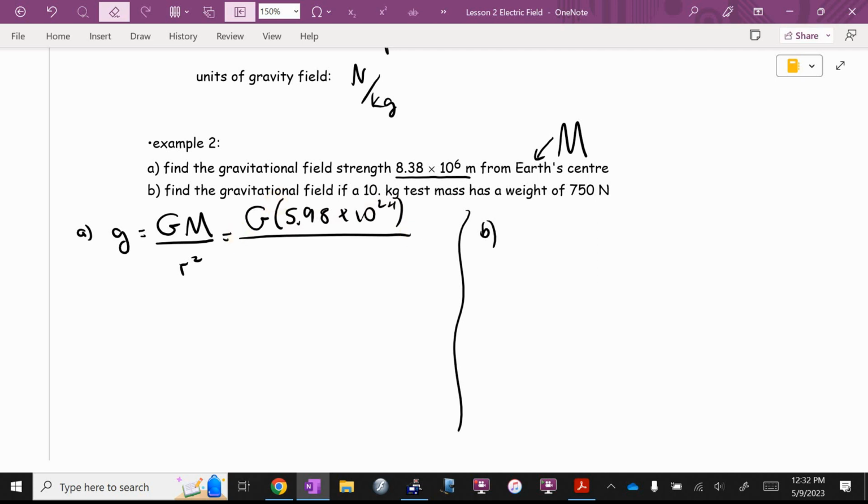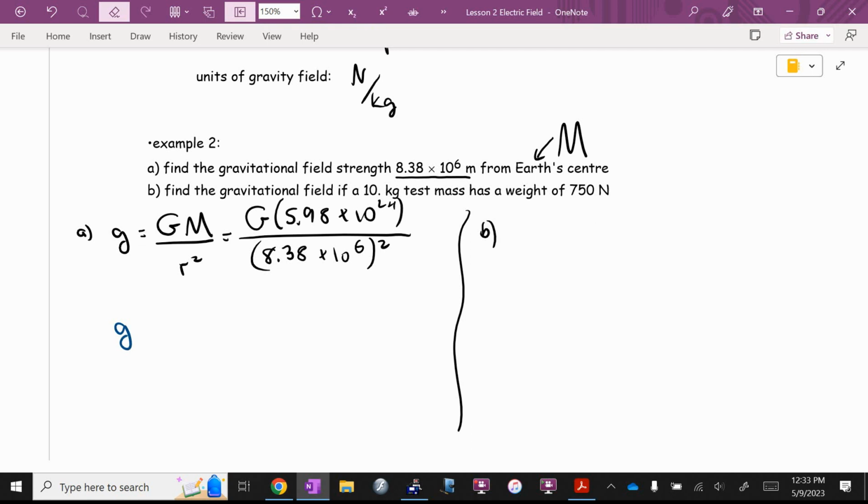All over, do I need to add the radius of the Earth, or is this 8.3 times 10 to the 6th already measured from the center of the Earth? Oh, so I don't need to add to it. It's just going to be 8.38 times 10 to the 6th. Don't forget the squared.